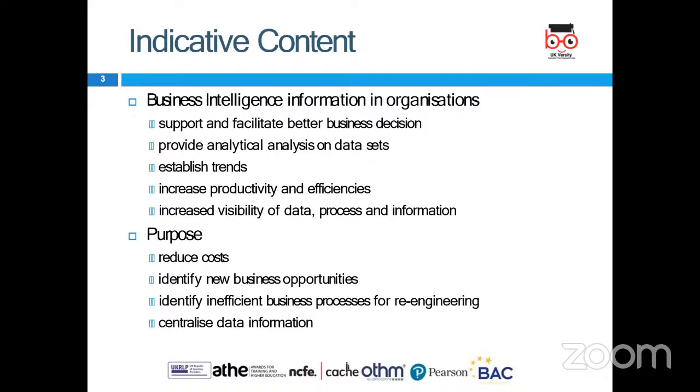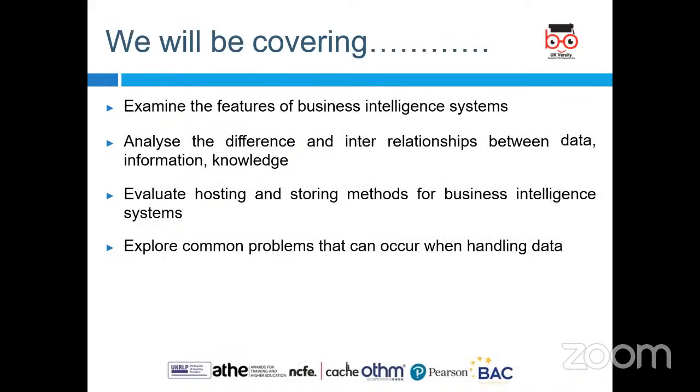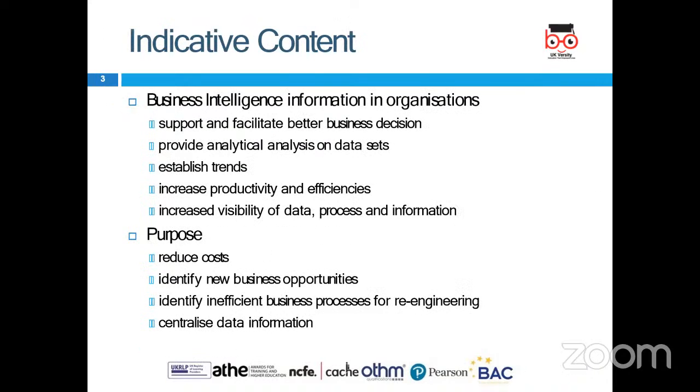The purposes of using business intelligence systems are to reduce cost, identify new business opportunities, identify business processes for re-engineering, and centralize data and information. What we need to understand is that all this data, which is really unstructured, will be structured for the business when we use these business process models in systems.